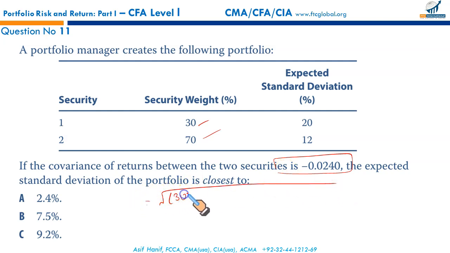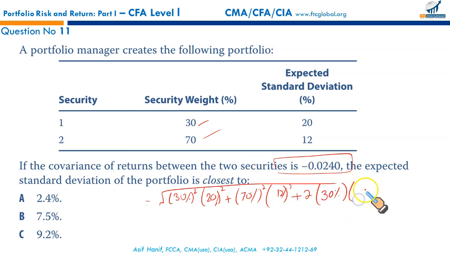Weight squared times standard deviation squared plus weight squared times standard deviation squared plus 2 times weight of security 1 times weight of security 2 multiplied by the covariance, which is negative 0.0240. And if you just simplify this by converting this into 0.3, 0.2, 0.7, 0.12, 0.3 and 0.7 and doing all the computation, you will get 2.4%, and that gives you A to be the correct option.